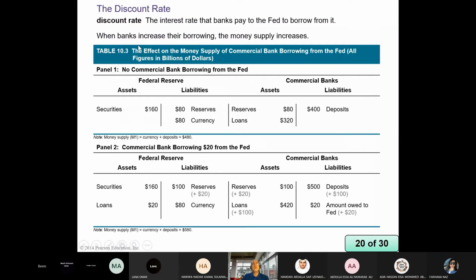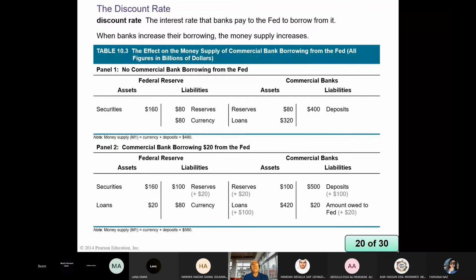Let's go to the discount rate. What is the discount rate? The discount rate is an interest rate used by the central bank when the central bank lends money to commercial banks.